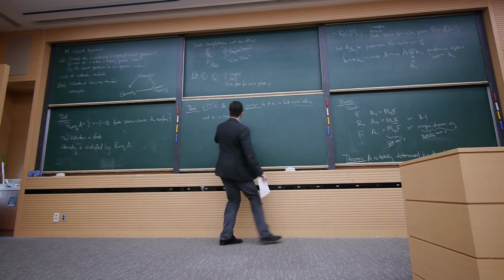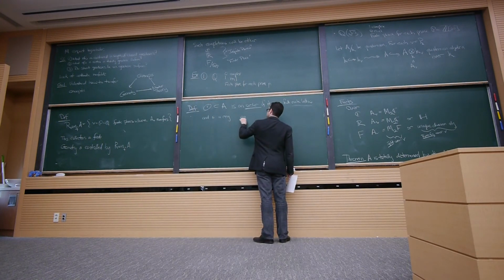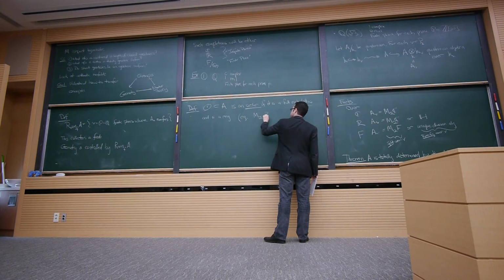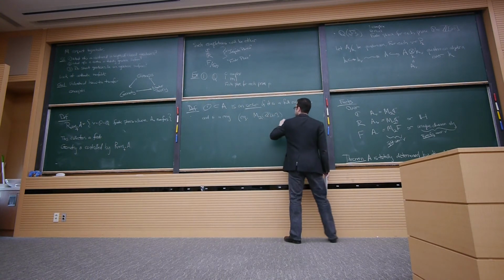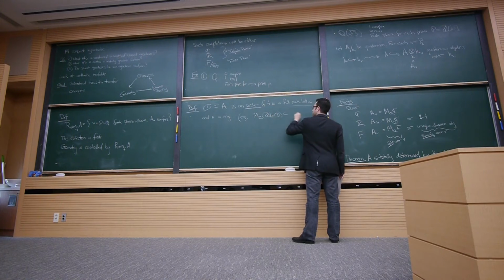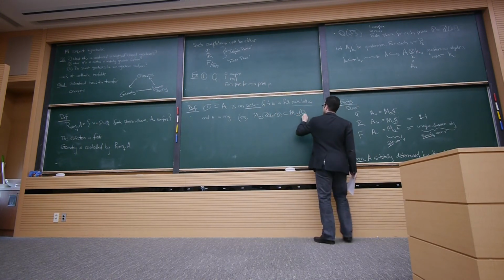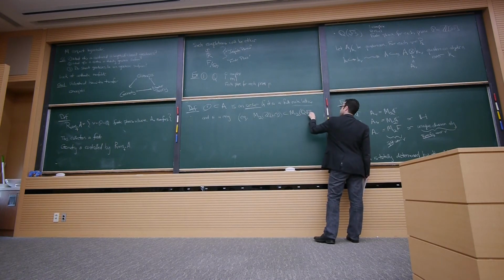For example, something like M2 of Z adjoin omega sitting inside of M2 of Q adjoin a square root.